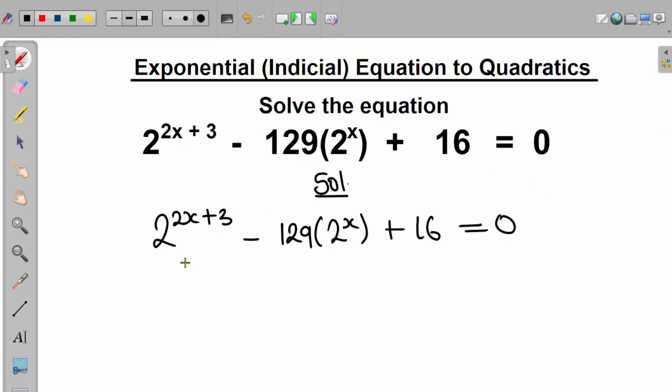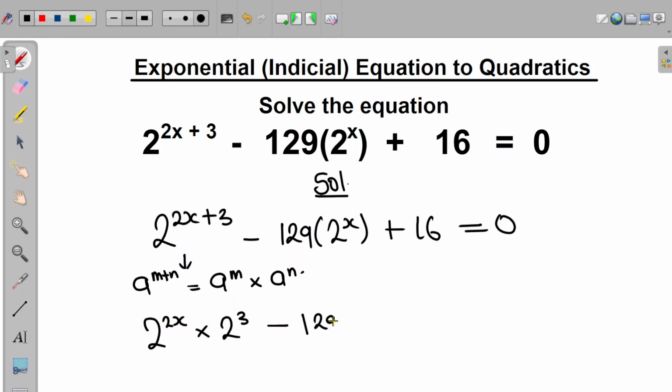So at this point, recall that if we have a to the power of m plus n, this can further be expressed as a to the power of m times a to the power of n. So therefore, we have that this becomes 2 raised to the power of 2x times 2 raised to the power of 3 minus 129 multiplied by 2 raised to the power of x plus 16 equal to 0.